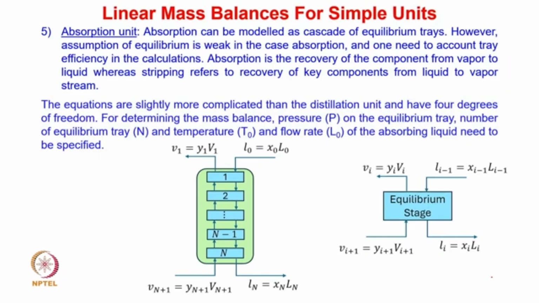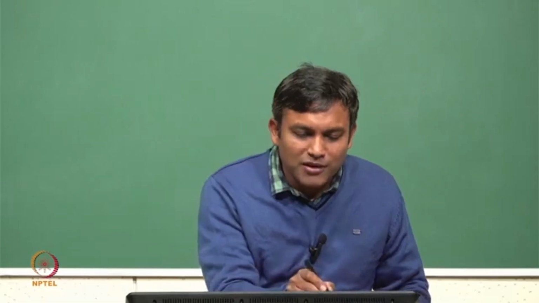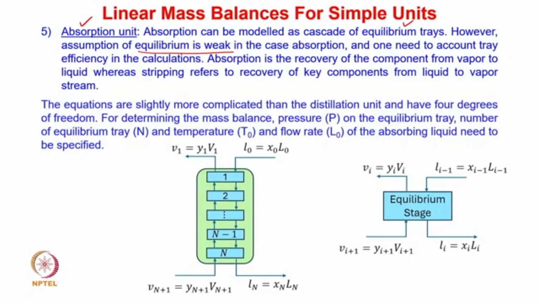Now let us extend the analysis to develop the linear mass balance equations for another unit. So another important unit is an absorption unit. So absorption can be modeled as a cascade of equilibrium trays, similar to what we have seen in distillation unit. However, here the assumption of equilibrium is weak, and one has to use the efficiency in the calculation, absorption efficiency, that we have not looked at here right now.